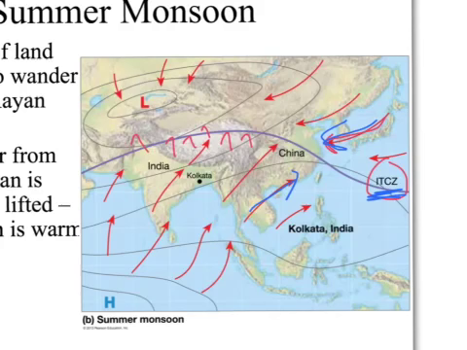Now, one of the things we talked about earlier in this course, not in Chapter 7, is this mechanism called orographic lifting. And so the Himalayan mountains are great at this: when those southeasterly trade winds pick up that moist air from the Indian Ocean, it is orographically lifted by the Himalayan mountains, and once it's lifted, the water vapor can condense, and we can get a bunch of precipitation here.